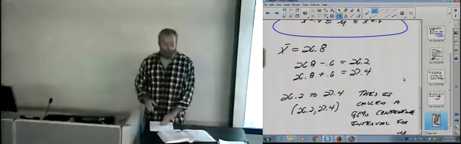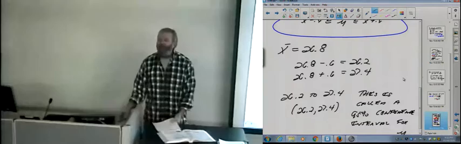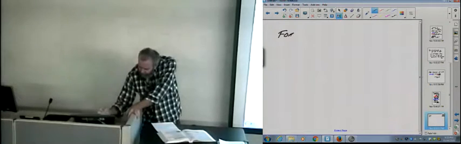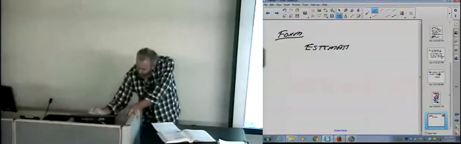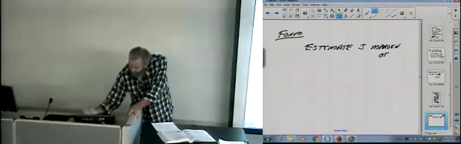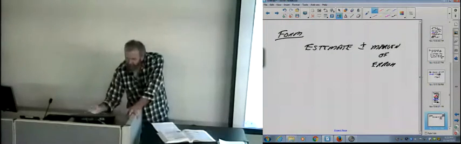Now, here's the thing. All right, I'm on page 376. Every confidence interval that we look at in this class has the following form. It looks like an estimate plus or minus what we're going to call a margin of error. Now you notice I wrote that plus or minus.